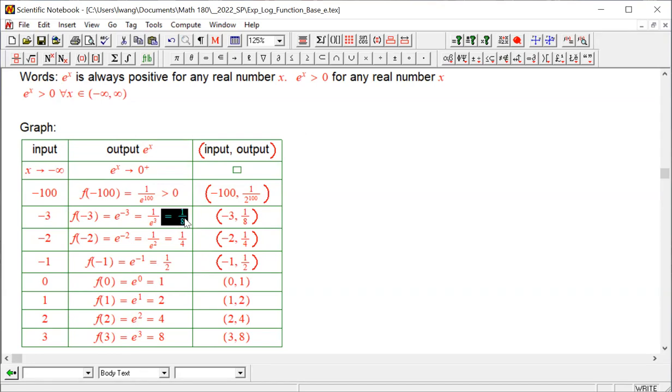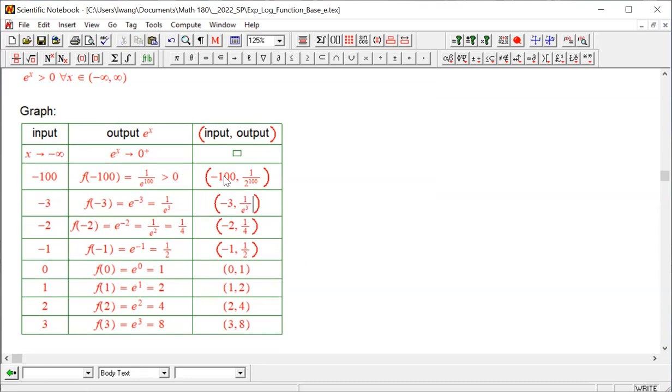So this is going to be 1 over e to the power 3. This quantity will be the output for input equal to -3. And this one here is going to be 1 over e to the power 100.